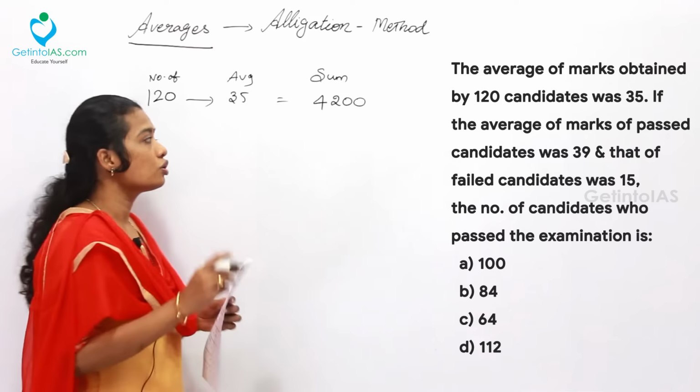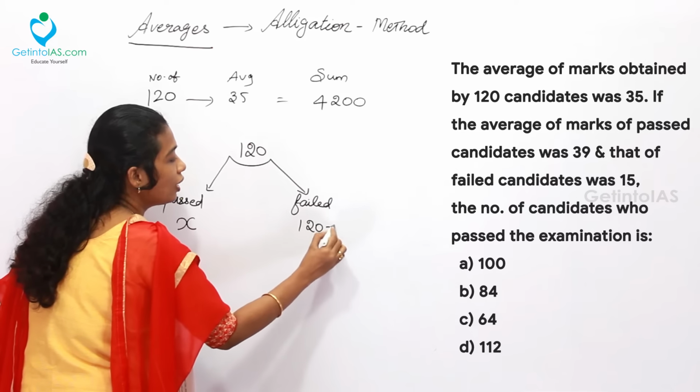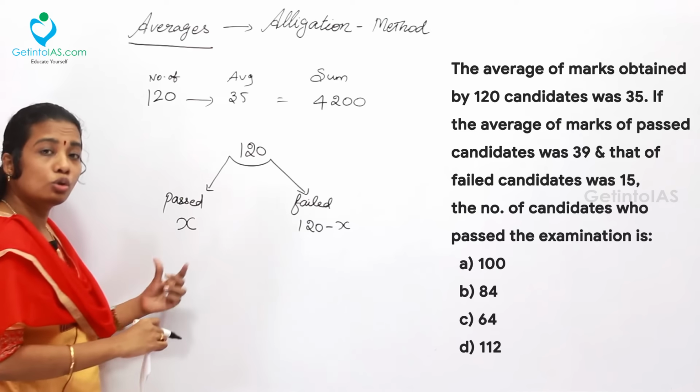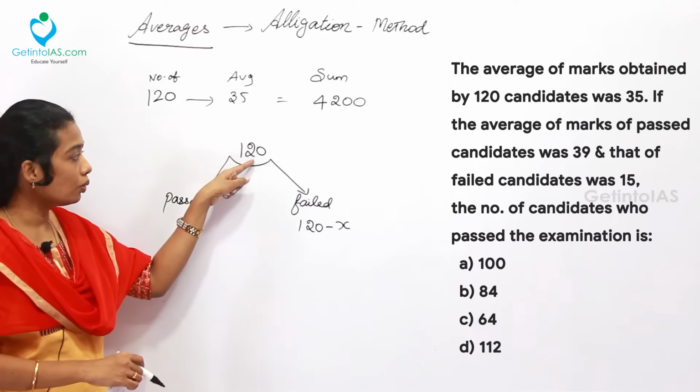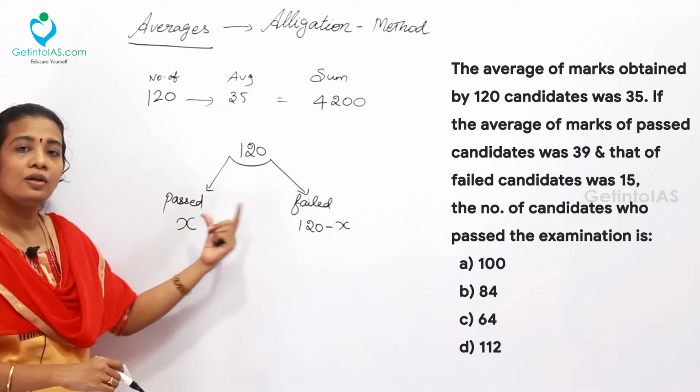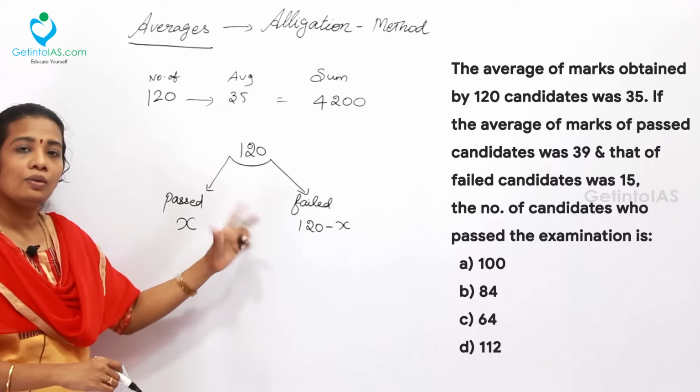So if you are considering the number of passed candidates is x, then failed will become what? 120 minus x. In such a way you will have to assign. Why? Because those who are not passed definitely will come under the failed category. So overall students minus passed is failed. That is 120 minus x is given.